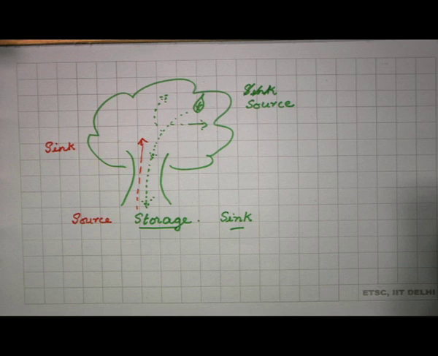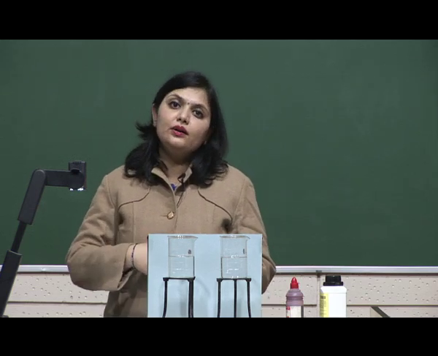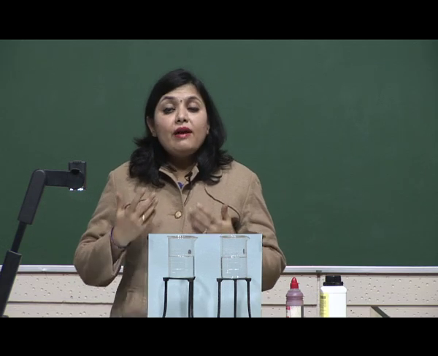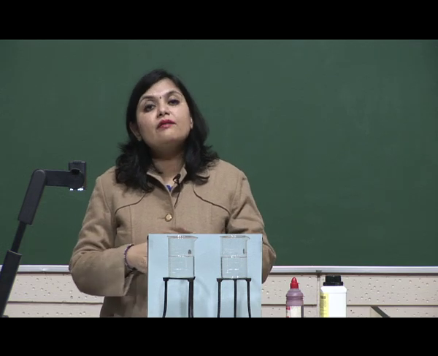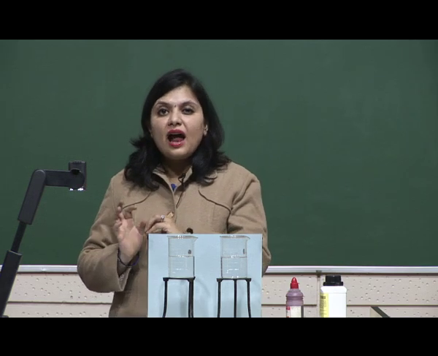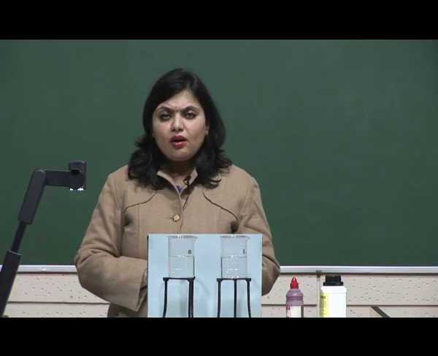Similarly, when we talk about the mineral nutrients, what happens? Minerals were absorbed from the roots along with the water, and then they were taken to the other parts of the plant body. But when the organ is preparing for senescence, what will happen? Then the minerals are not generally wasted with the senescent organ.